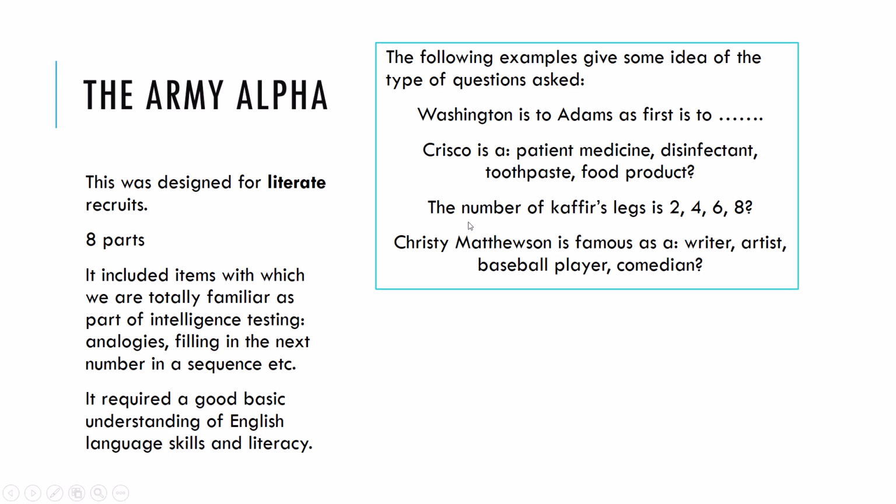The number of a cafe's legs is 2, 4, 6, or 8. Again, this is an American piece of slang terminology, derogatory, I think, if I'm right. And Christy Mathewson is a writer, artist, baseball player, or comedian.